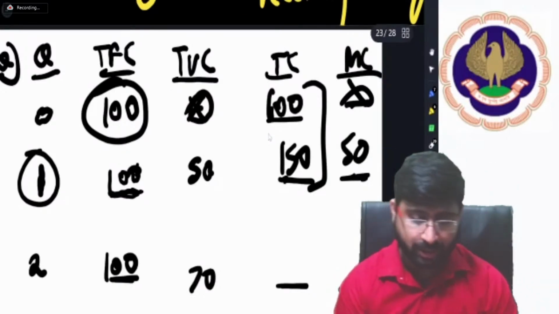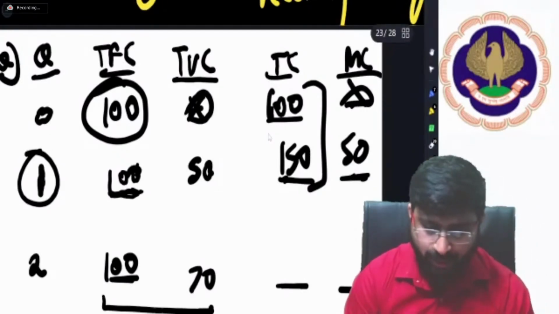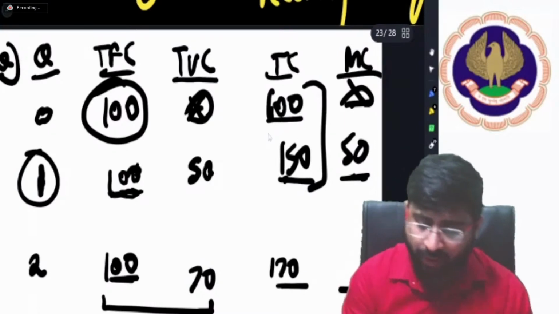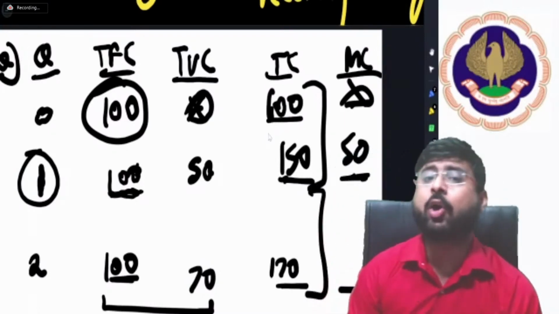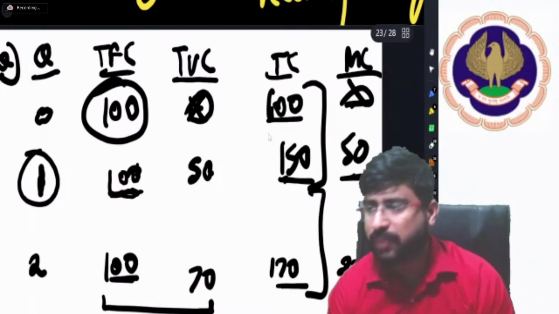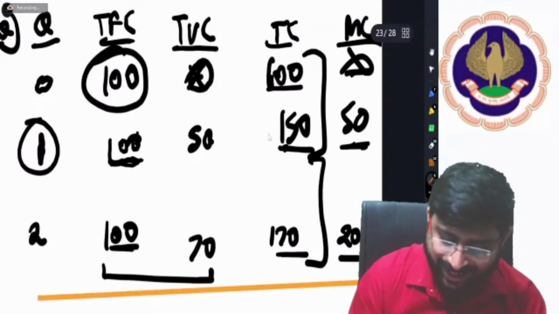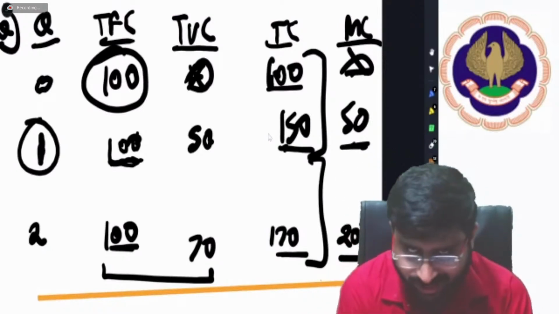Now TVC plus TFC is giving you 170. So from 150 it's changing to 170. By how much is it rising? It's rising by 20. Therefore, your answer of marginal cost here is 20. I hope all of you got this.